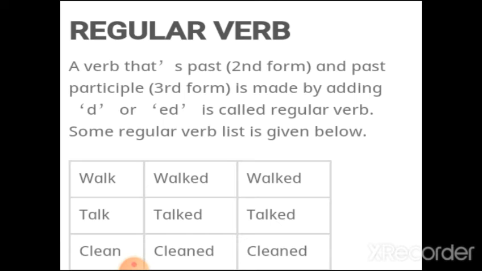So now let us see a chart given below. Some regular verb list is given below. First is walk, walked and walked. Second word is talk, talked and talked. Adding ed to the word means the word is regular. Clean, cleaned, cleaned.